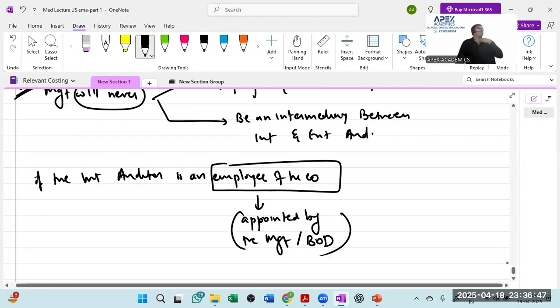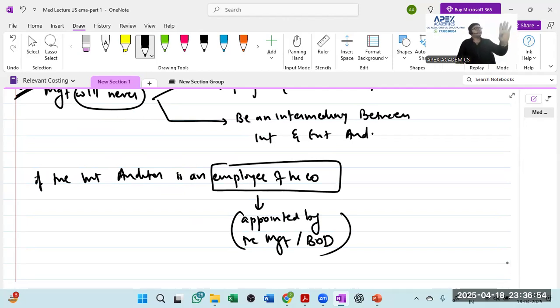If he is an external service provider, then of course he is going to be appointed by the audit committee. Please try to understand.